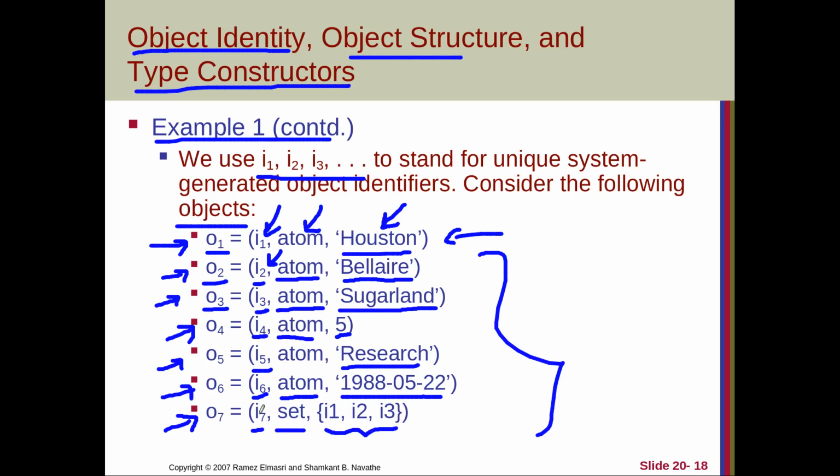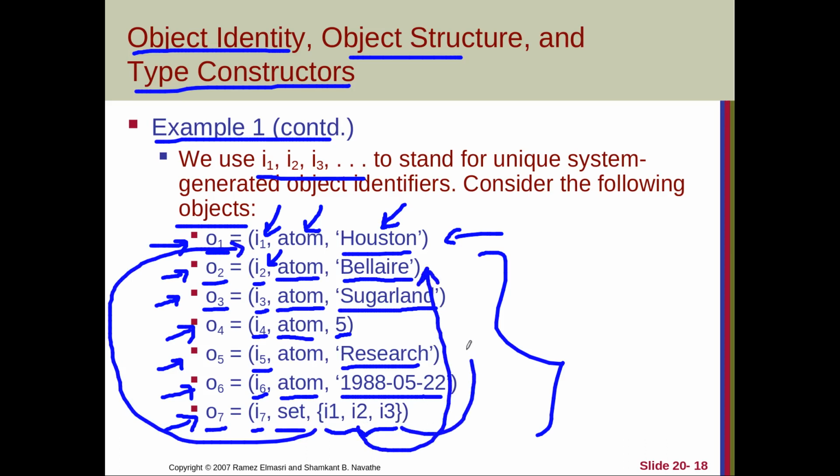So what is this I7? Object 7 is identified by using I7, and it is of type set, which has a set of 3 values. What are these 3 values? One value is I1. What is I1? I1 is Houston, I2 is Bellaire, and I3 is Sugarland.